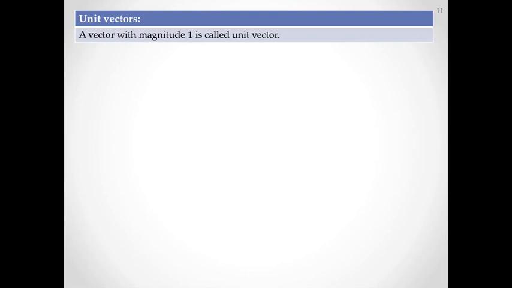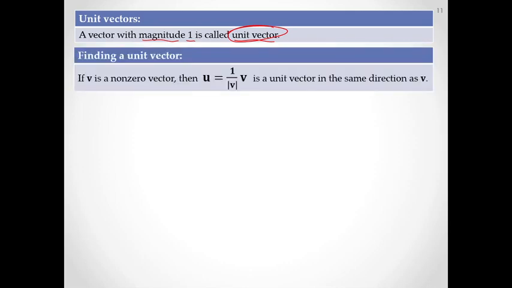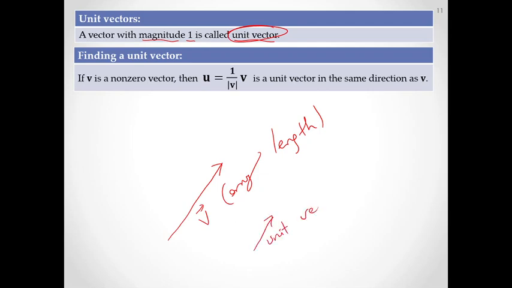A vector with magnitude 1 is called a unit vector. This is important. Now, the question here is this. If you have a vector v, it might be any length, any magnitude. So what is the unit vector in the direction of v?